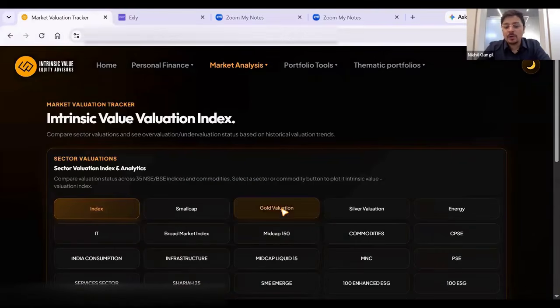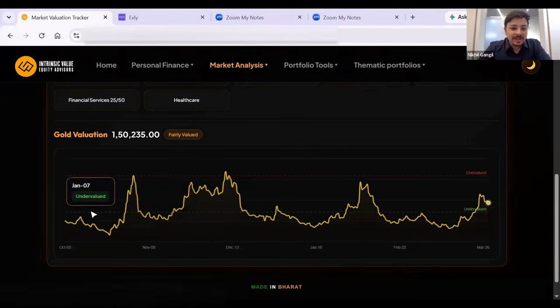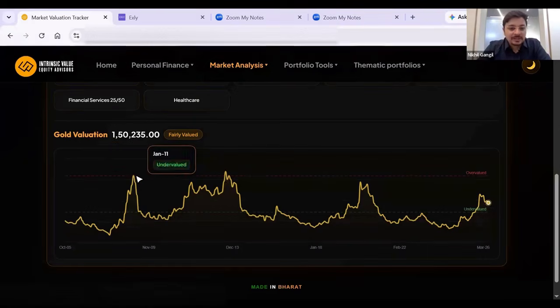Let's look at gold valuations. The gold valuation looks a little different, but the principle is the same. Instead of making two lines, we have created one line only, and one line we have called undervaluation and one line overvaluation. Every time gold touches the overvaluation line, we call it overvalued. See, February 2009, it was way overvalued.